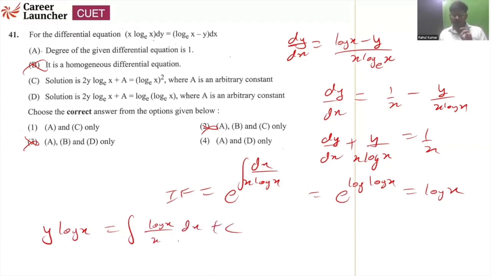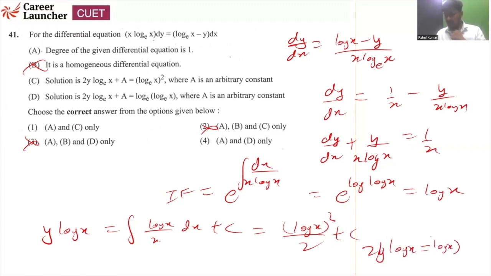Now what will we do? See this thing. If you take log x as t, you can have the derivative inside this. So it will be (log x)^2 / 2 plus c. Multiply both sides by 2. You will get 2y log x is equal to (log x)^2 plus 2c. See, (log x)^2 is only in statement C. So option A is the correct one.